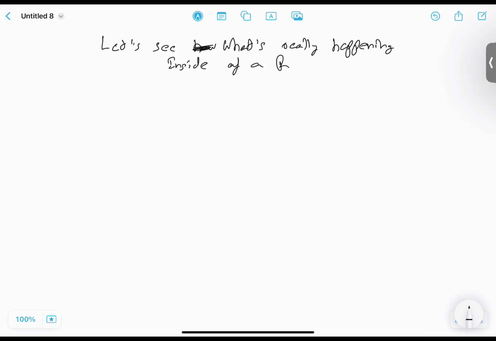Let's see what's really happening inside of an RNN network.